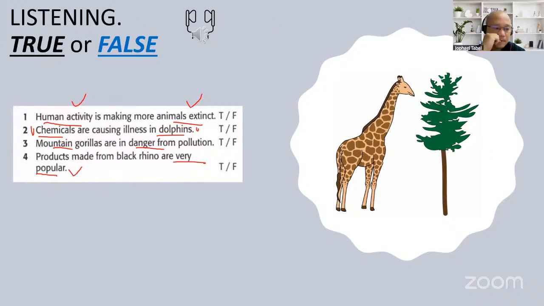Let's look at the mountain gorilla. These animals live in the mountain forests of Africa, but people have cut down their forest homes for farming, and there are just under 800 of these beautiful animals in the world now. So, animals are in danger from pollution and destruction of their environment. But others are hunted.